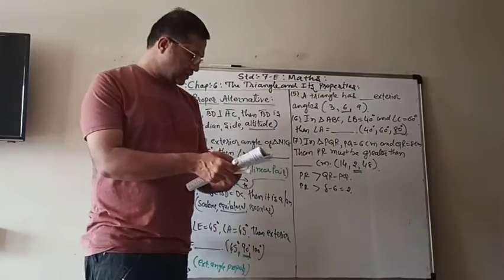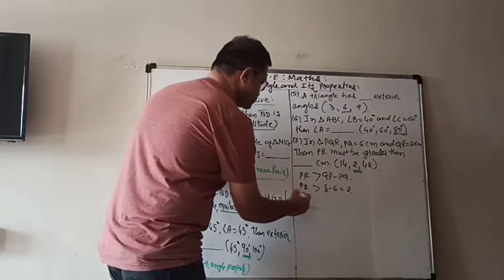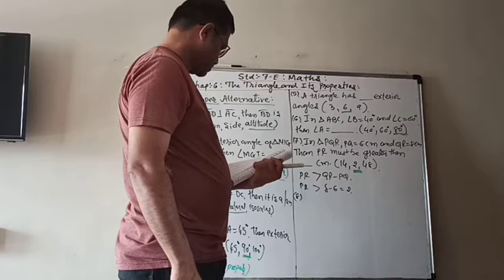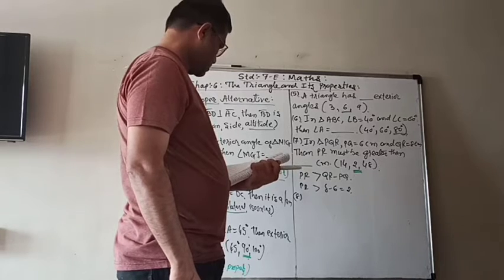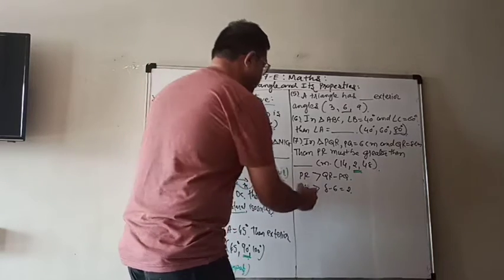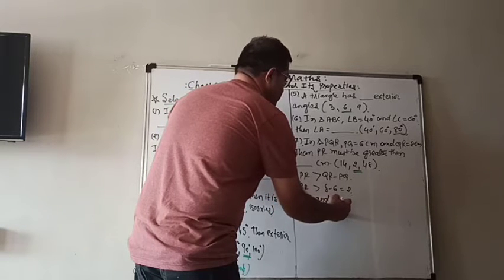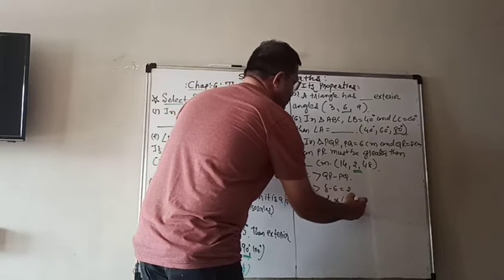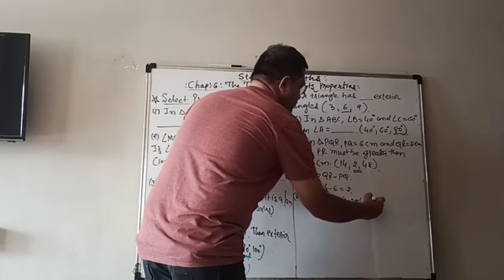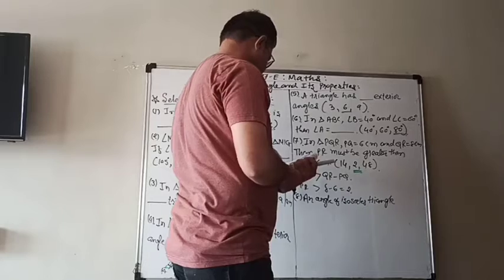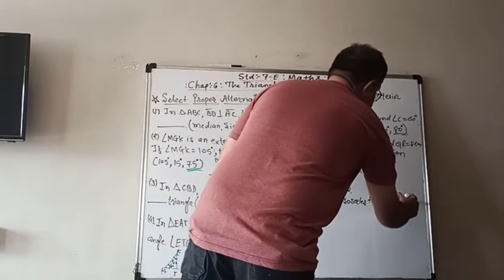So now the eighth one. An angle of an isosceles triangle measures 120 degree.